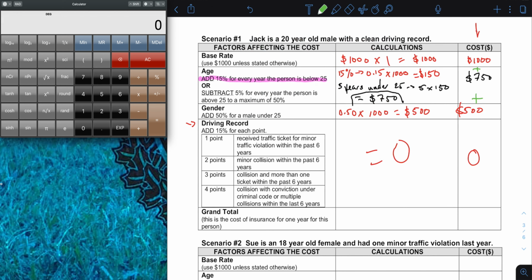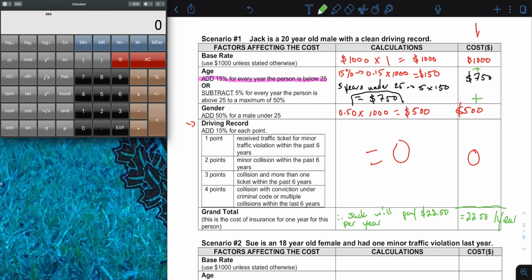Plus, and then that's going to equal $22.50 per year. So then you could use this box if you'd like to say, okay, therefore Jack will pay $22.50 per year.